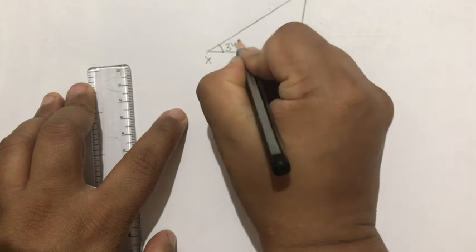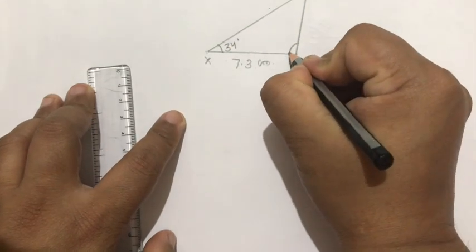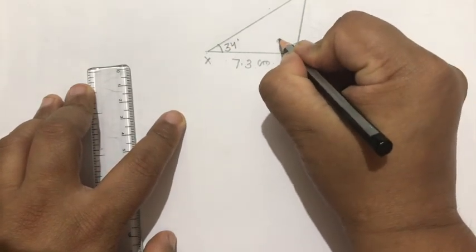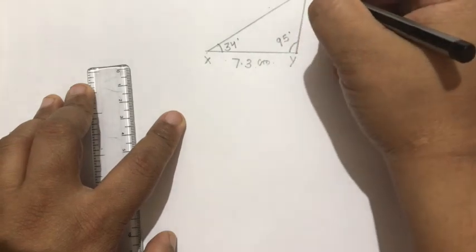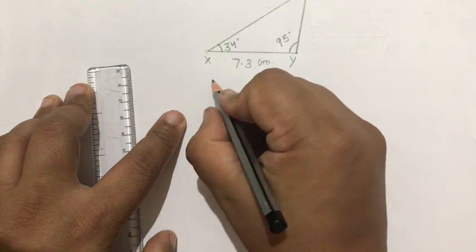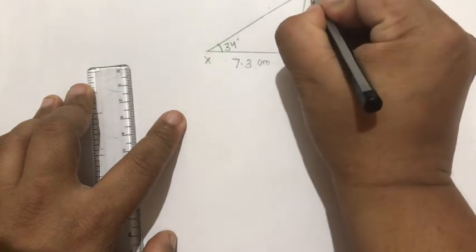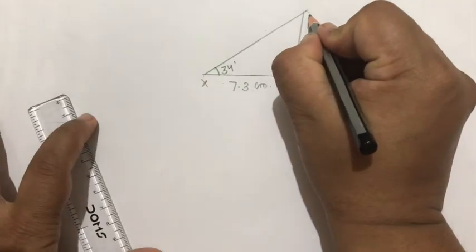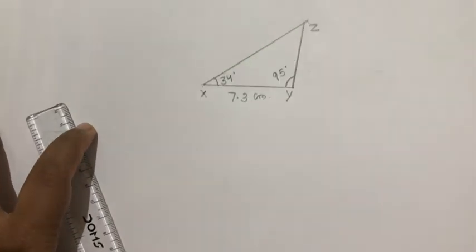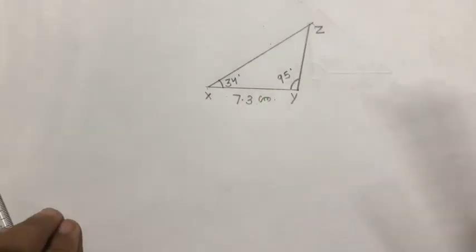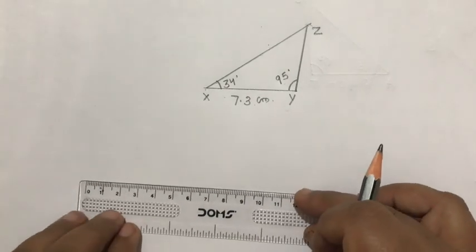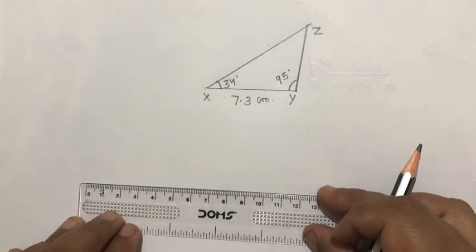It is an acute angle. And angle Y is of 95 degree, an obtuse angle. More than 90 degree angle is an obtuse angle. So you have to draw triangle XYZ. We need to draw triangle XYZ. XY is of 7.3 centimeter.